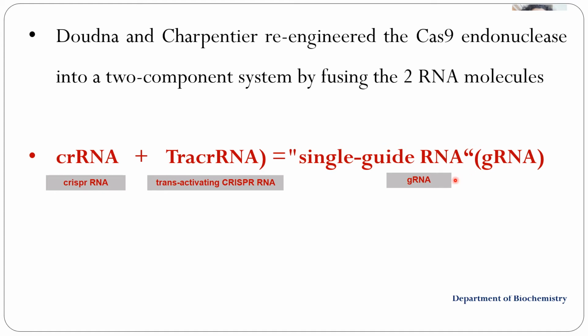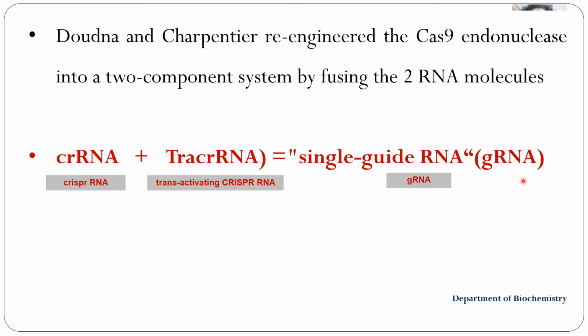So what they did was they fused these two RNAs into a single guide RNA in vitro, and they reduced the complication of allowing these to combine in the cell or in the organism. So they produced already engineered guide RNA.